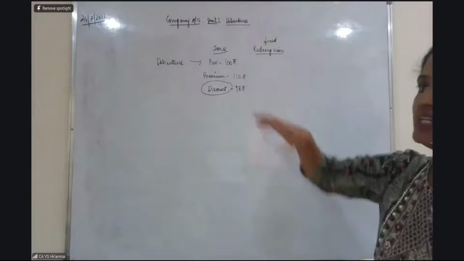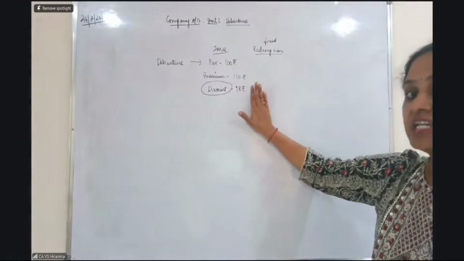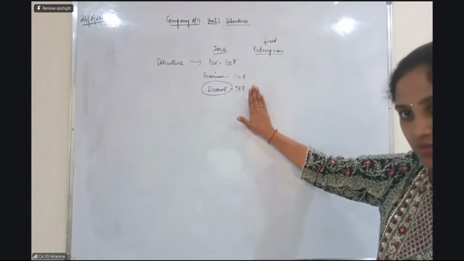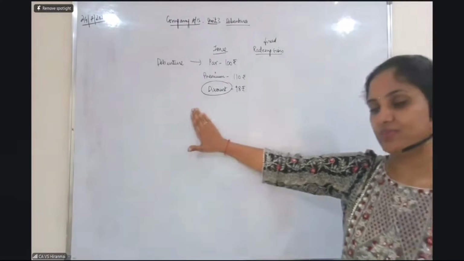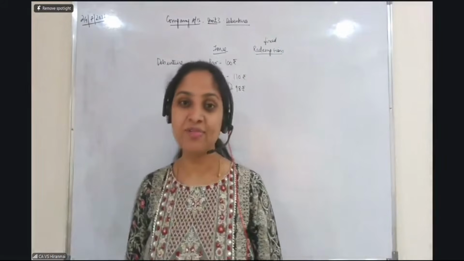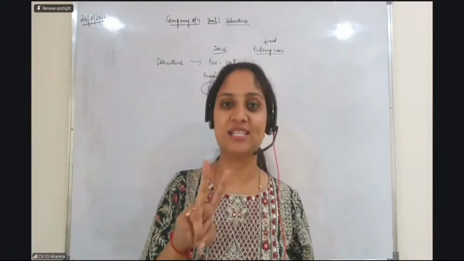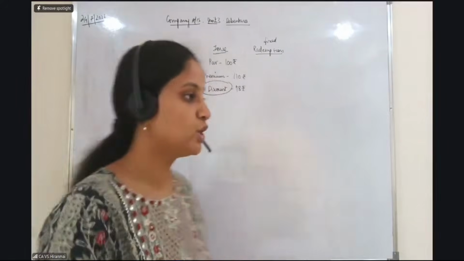That is, I can issue the debentures at par, at premium, or at discount. Is this clear? Okay, madam. So you have told about issue, three cases are possible. But what about redemption? So redemption can be done in two cases, or in two methods, in two scenarios.